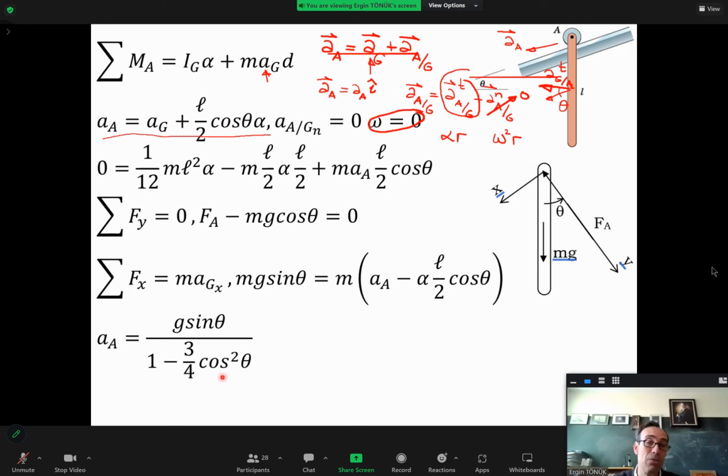You could as well solve the same problem, not taking moment about point A, but you could also take moment about point G, okay? Because you can find FA very easily and take its moment about G if you like, and still you would get the same answer.